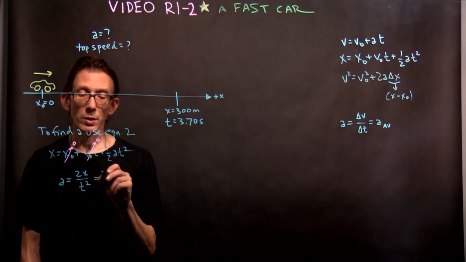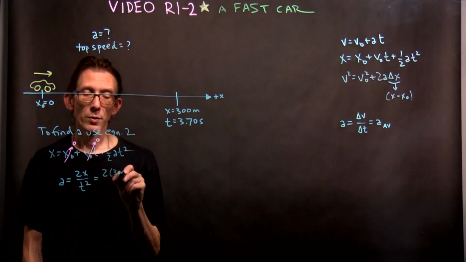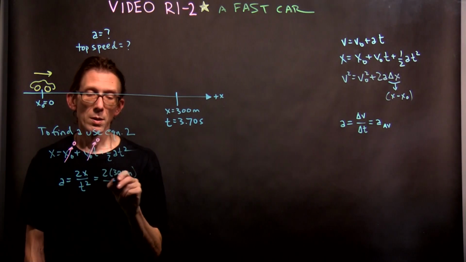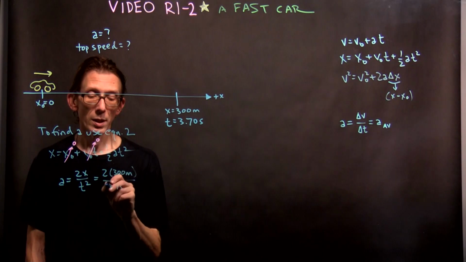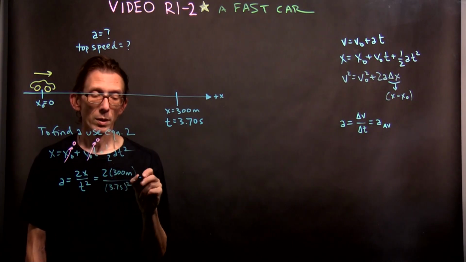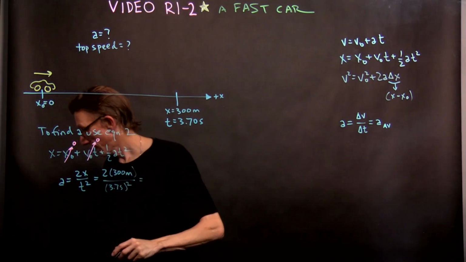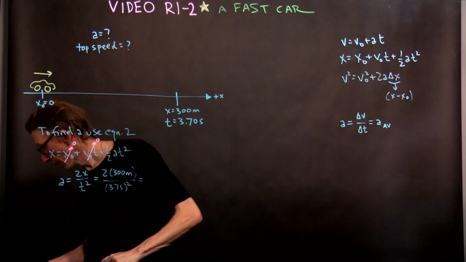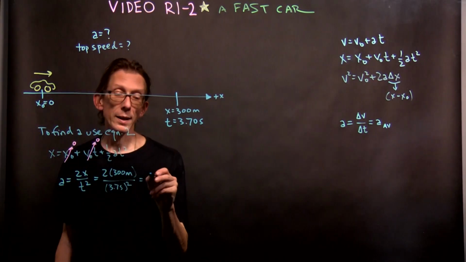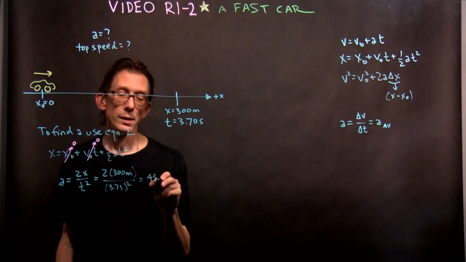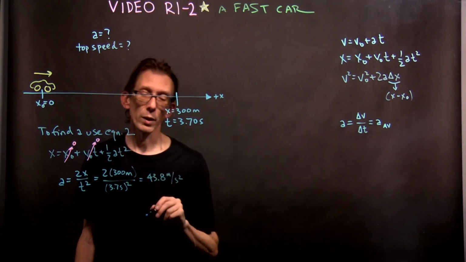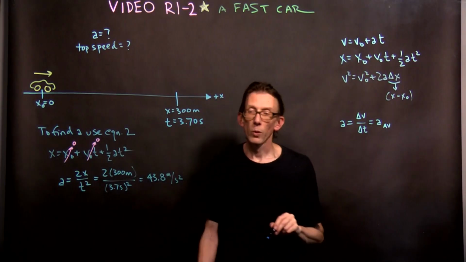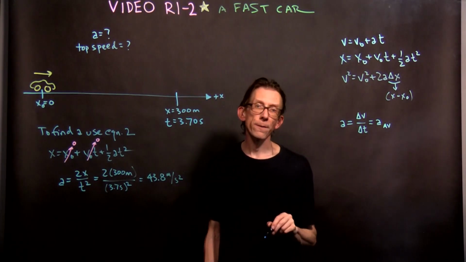So this is going to be 2 times 300 meters divided by time, which is 3.7 seconds squared. When we do that, we get 43.8 meters per second squared, which is about 4.5 g's.